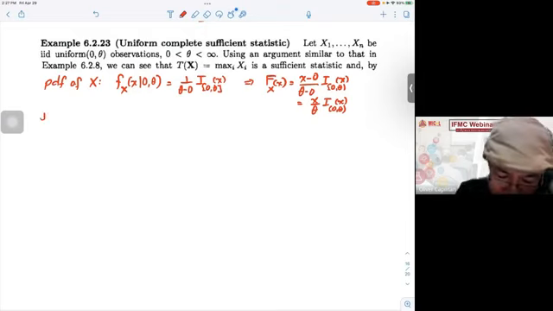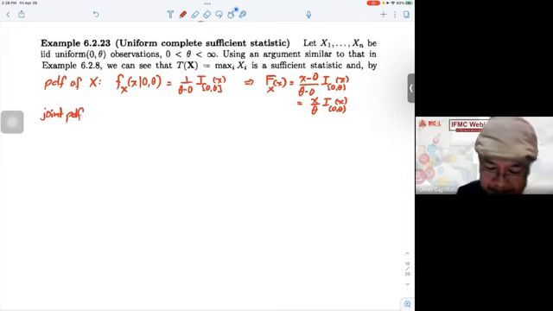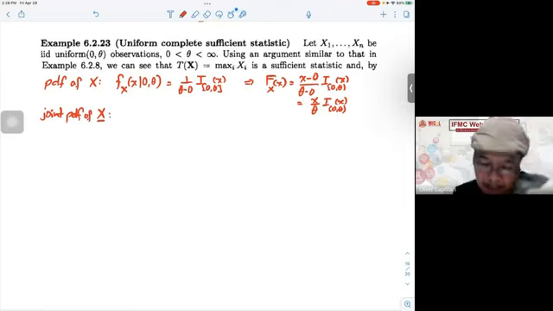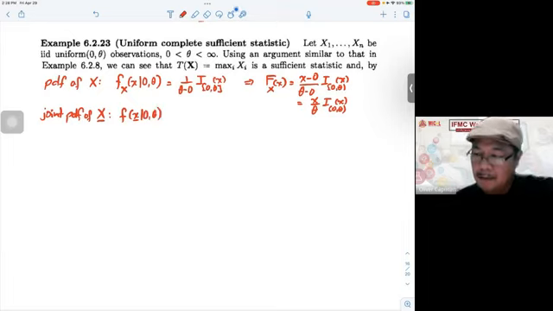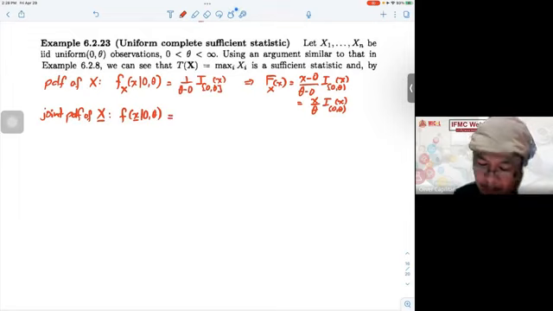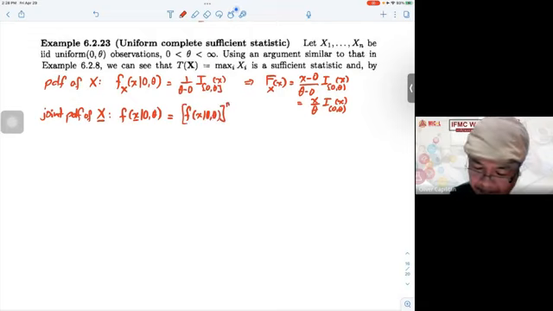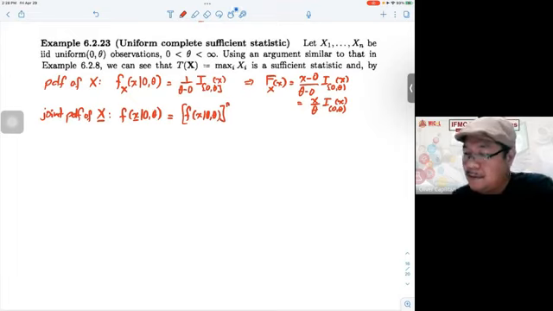What is the joint PDF of our random sample? Obviously, we have 1 over theta. The joint is f of x, 0 to theta, raised to n.